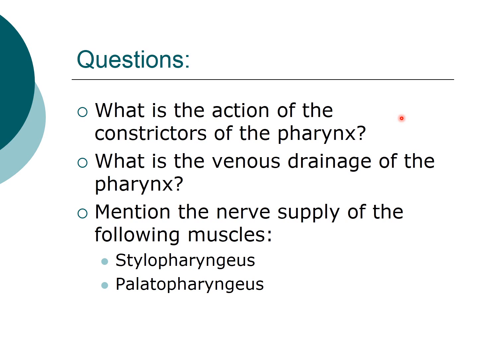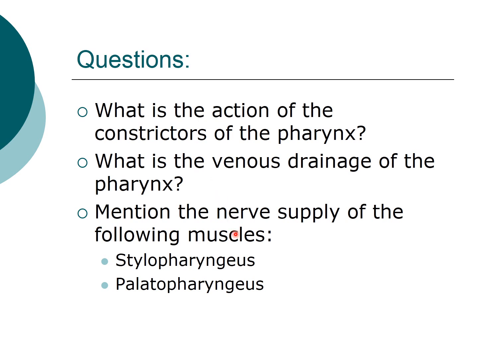What is the action of the constrictors of the pharynx? When they contract, they constrict the pharynx, propelling the food downwards. What is the venous drainage of the pharynx? The pharynx drains at the end into the internal jugular vein.